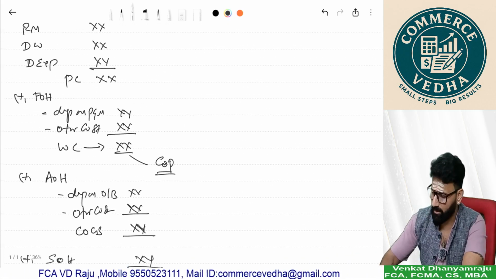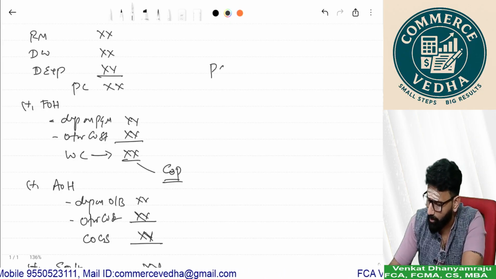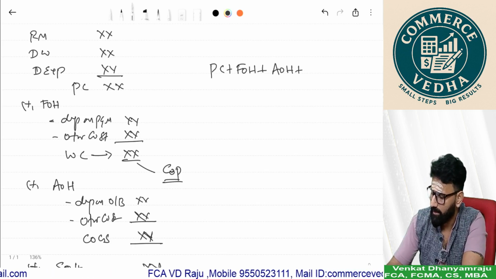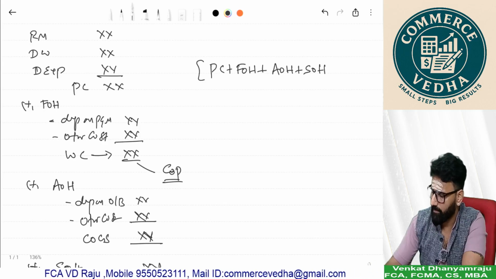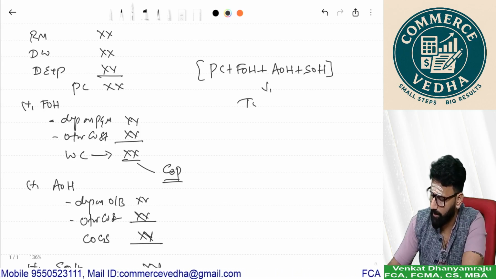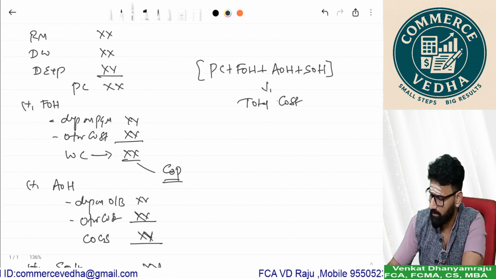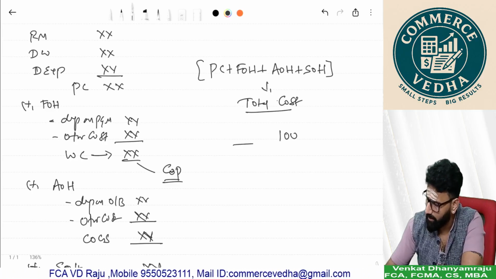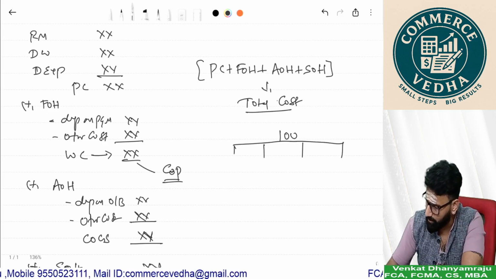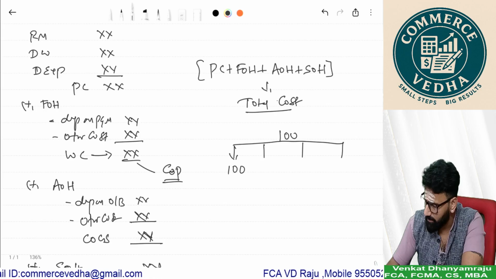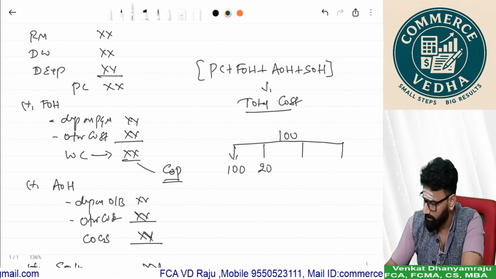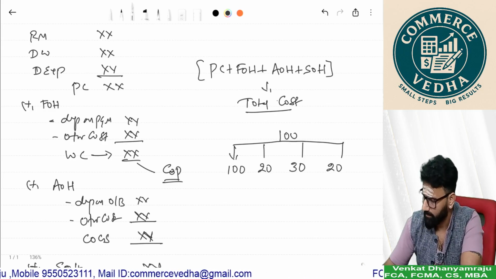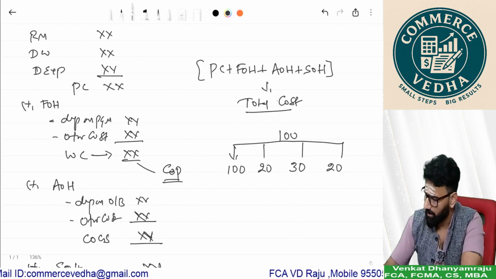So in this entire cost, you have prime cost, factory overheads, admin overheads, selling overheads. All these will be part of total cost. Suppose a 100 rupees product, we divide the product cost into prime cost, factory overheads, admin overheads, selling overheads. This is the total cost.